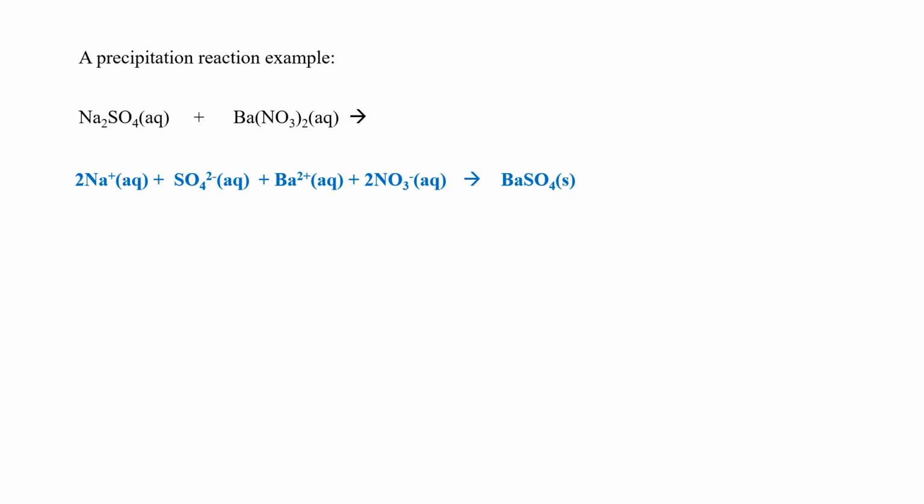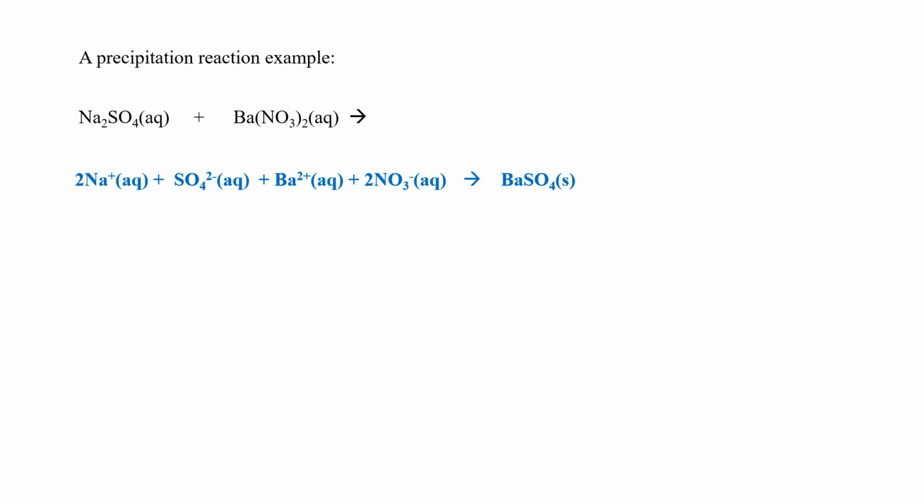They've formed this compound barium sulfate, and it's a solid. It falls out of the solution to the bottom of the beaker. That's our precipitate. And instead of saying aqueous in parentheses, we say (s) for solid. So we no longer write them as separate ions, we no longer write charges on them, and we write them as being a solid.